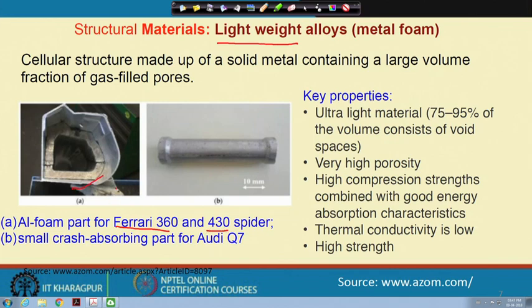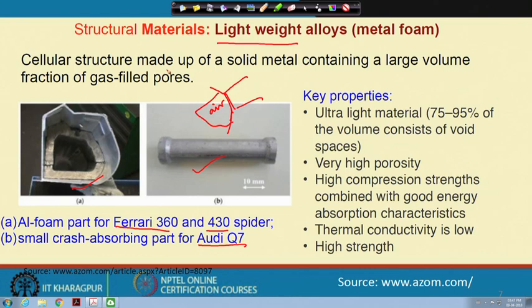Here is one component that is an aluminum foam, also an Audi component. These are all foam structures. Mostly it looks like cellular structures. Cellular structures mean these are the metal part and inside there are air bubbles.